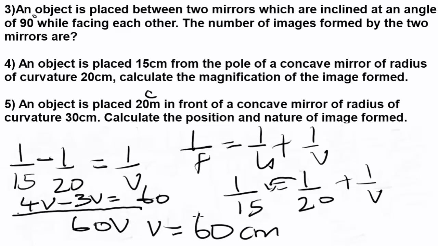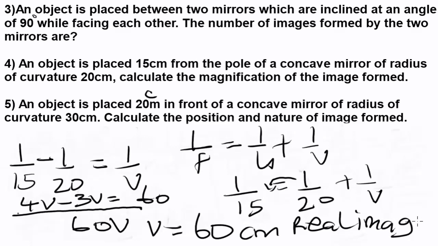Alright, so we are asked to calculate the position and nature of the image formed. So this is the position of the image, 60 cm. The nature of this image is a real image.